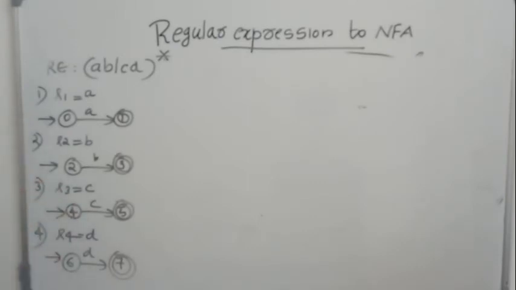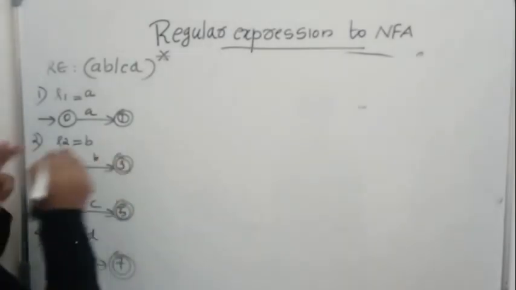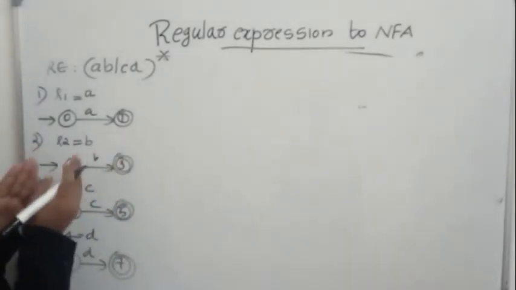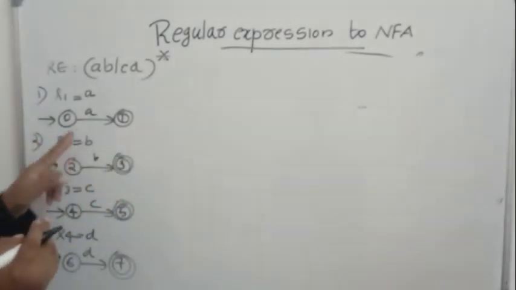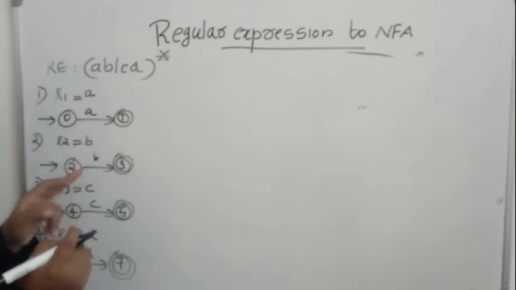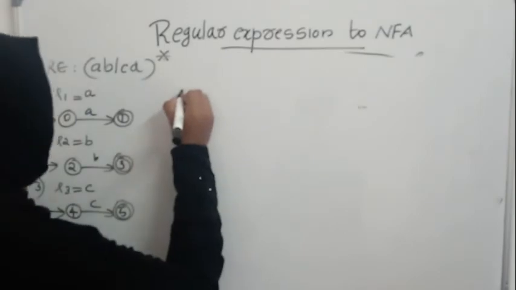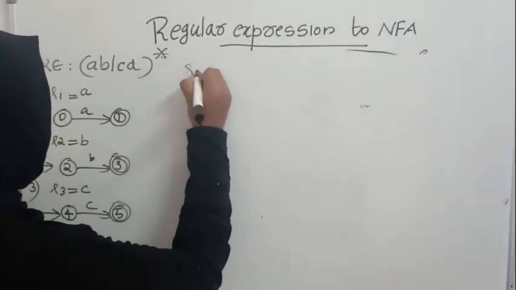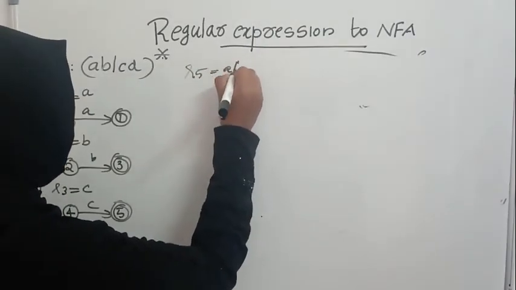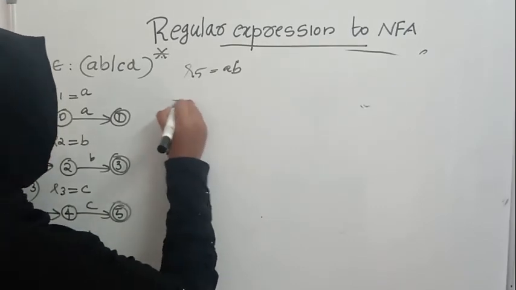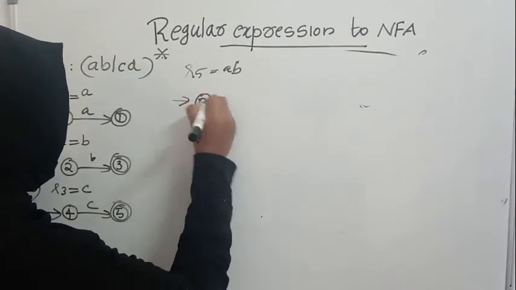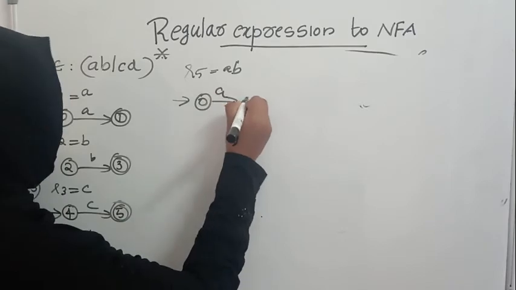Now we have to draw for AB, and for AB you just have to concatenate the NFA for A with the NFA for B with an epsilon in between. So NFA R5 is AB. The NFA for A is 0, A, 1.